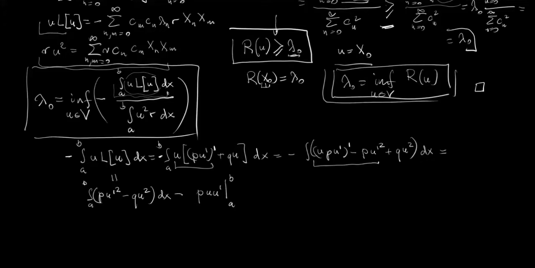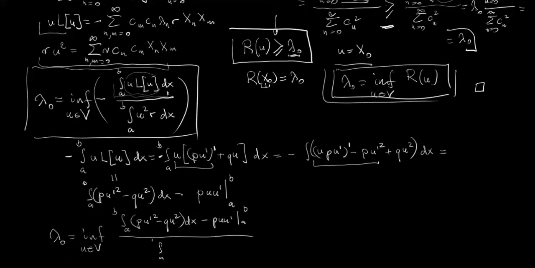So in other words, we can write that lambda 0 is equal to the infimum over all functions u in V of the integral from a to b of p u prime squared minus q u squared dx minus p u prime u between a and b, divided by what we had, the integral from a to b of u squared r dx.